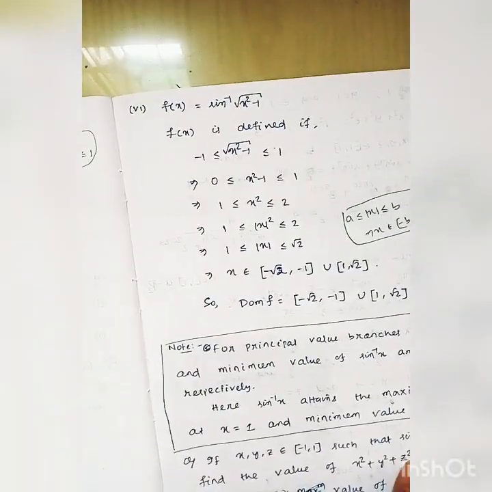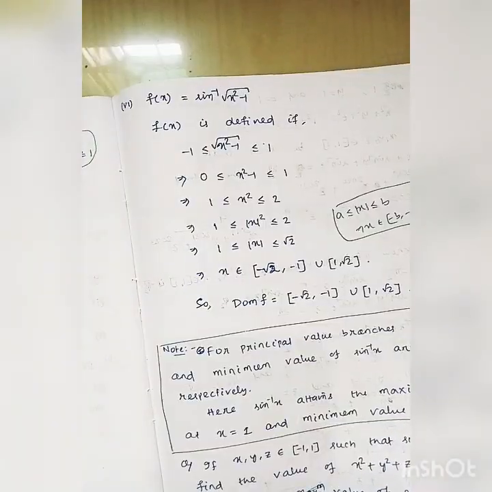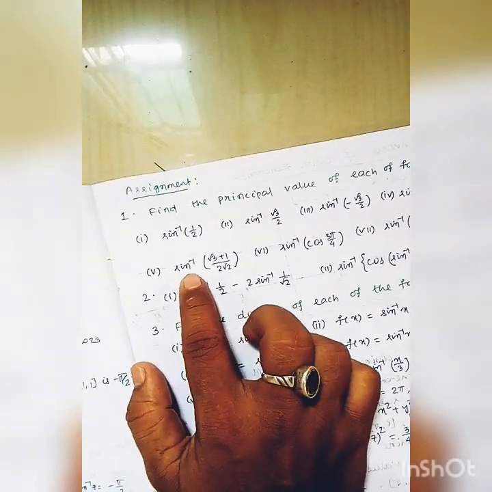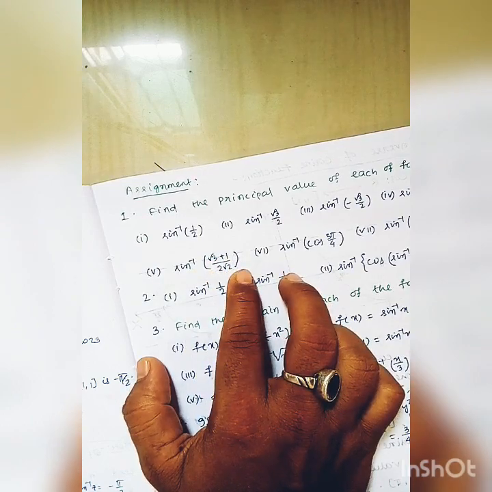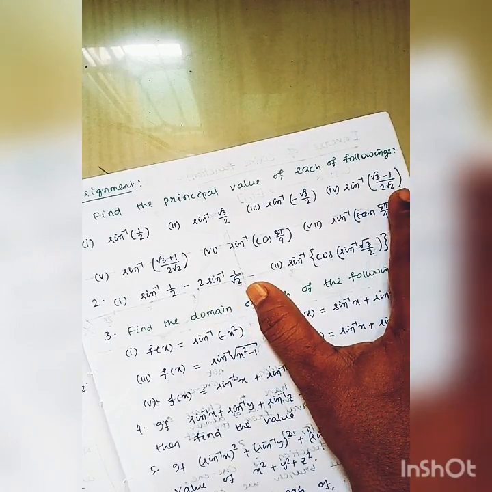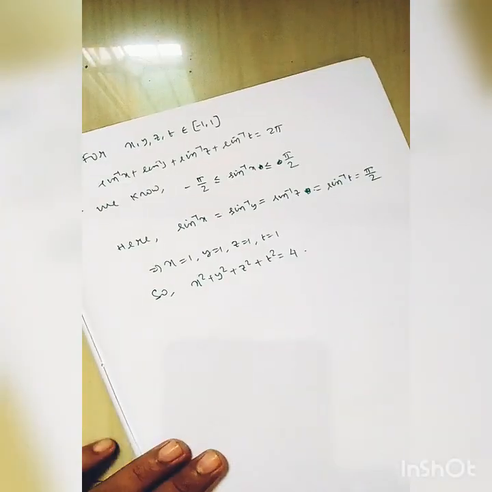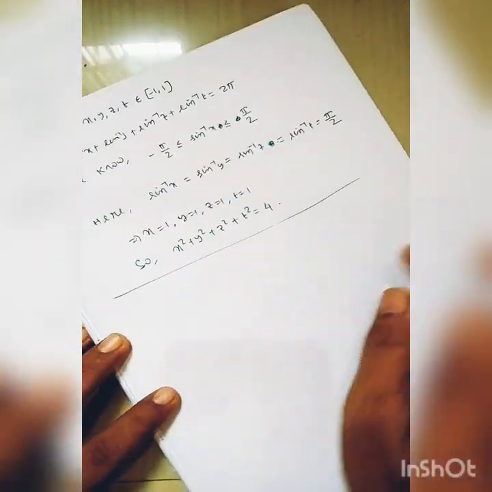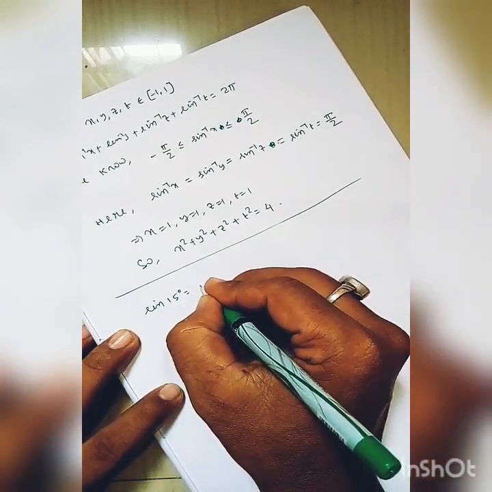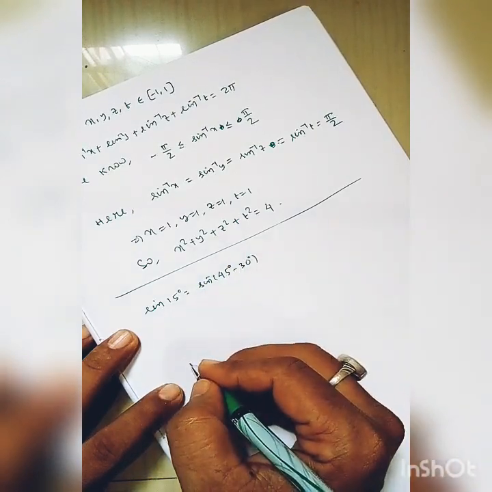Some other doubts from the assignment. Many of the students have doubts. Sine inverse of (root 3 plus 1) by 2 root 2 and sine inverse of (root 3 minus 1) by 2 root 2. We know that sine 15 degree equal to sine of (45 degree minus 30 degree).